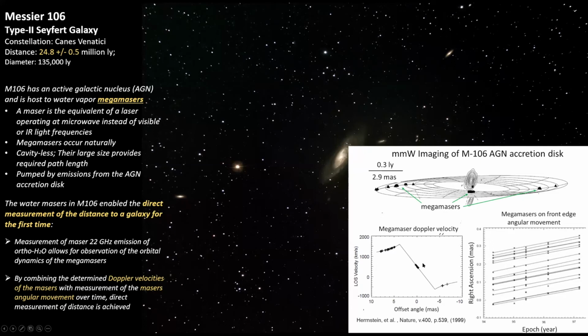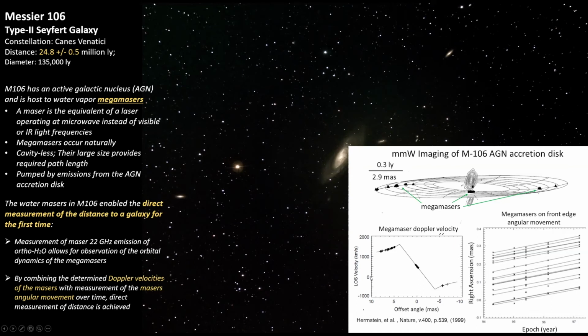And you can see here, the megamasers in the center have a slightly positive line-of-sight Doppler velocity. The megamasers on this side are moving towards us. I don't know if I had us revolving when I explained it, but these ones are moving away from us faster, okay? And the ones on this side are actually moving towards us.